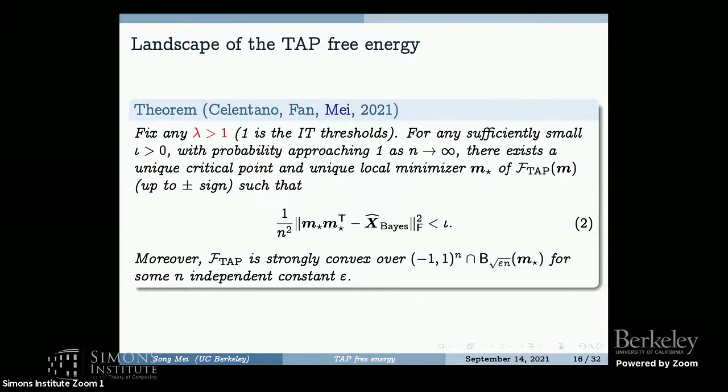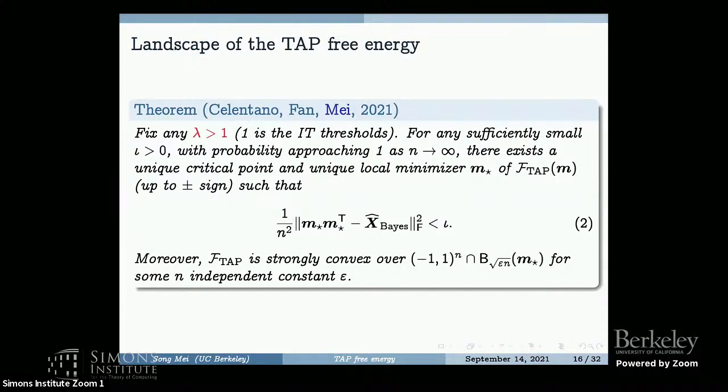And we show that, when lambda is greater than 1, 1 is the information theoretical threshold of this problem. So we can show that with high probability, there exists a unique critical point and unique local minimizer. They're the same, M star of this type energy, up to a plus or minus sign because of the symmetry, such that this estimator and this minimizer is close to the Bayes estimator.